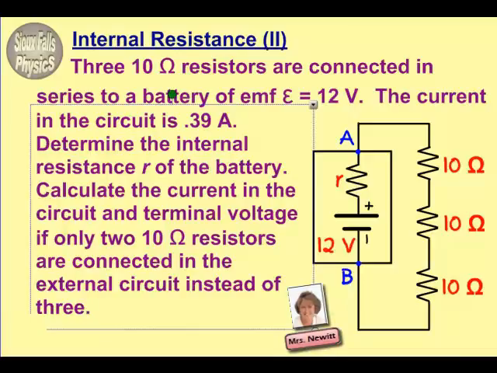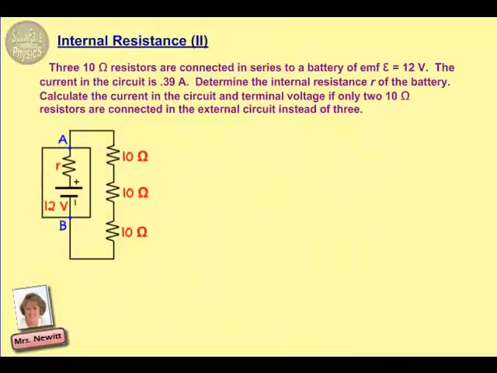The first step here is that we want to actually calculate out what the internal resistance of the battery is. So what we would do then is look at the total current that we have available and apply that to Ohm's law.